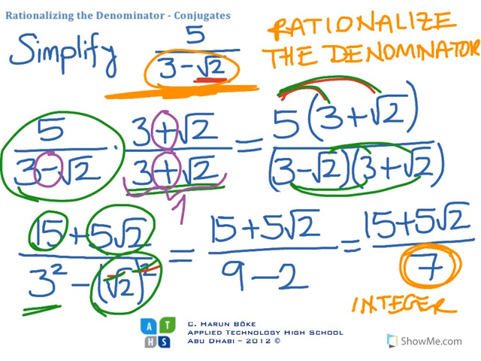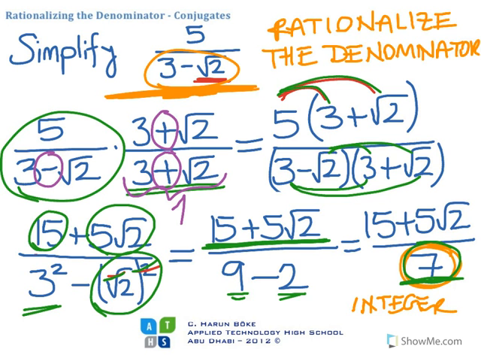Then the top part is the same. In the bottom part, 3 squared is 9, root 2 squared is 2, so it's 9 minus 2, which is 7. This is how we rationalize the denominator, which is the bottom part of the fraction.